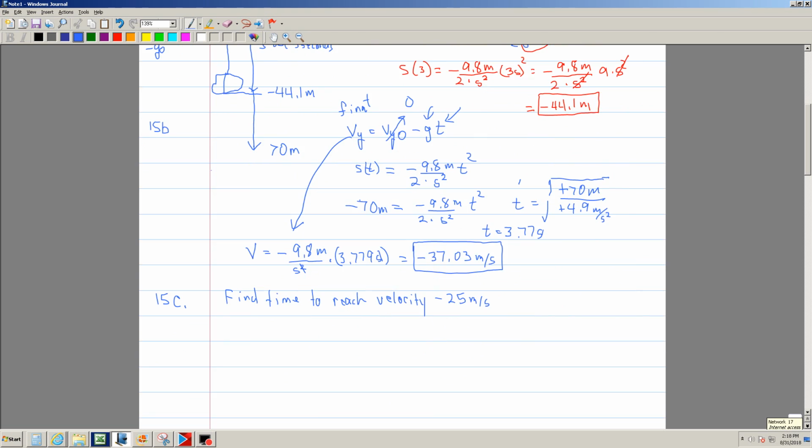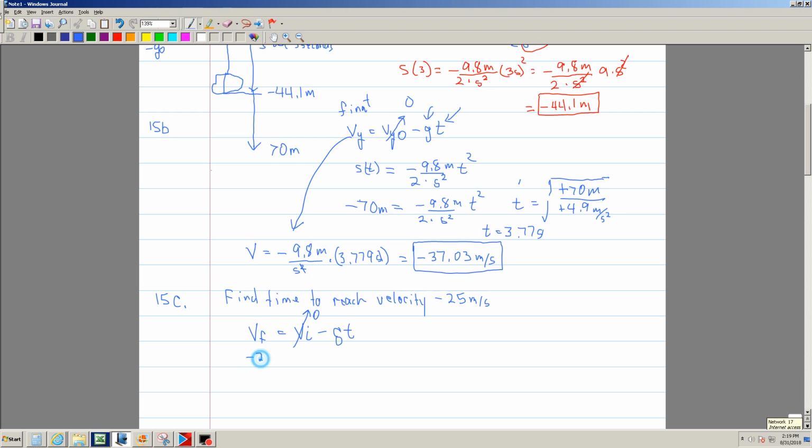I believe we can use this equation, the velocity. Let's say this is going to be the final, initial velocity minus gt, and the initial is 0.